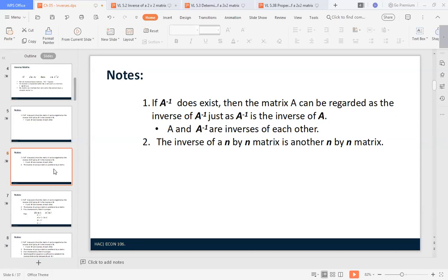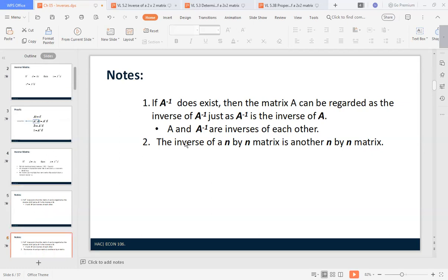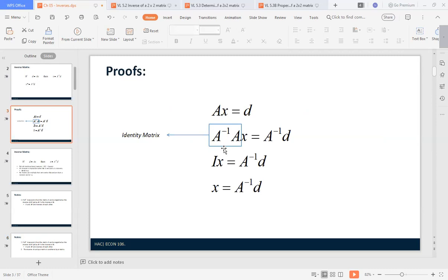The reason, class, that we also need to check the dimension is because again, we are doing matrix multiplication here. And one conditional requirement for that is the dimensional requirement that should not be violated. Let's go back to this one, class. What we need to do here for that inverse to exist is we can post and pre-multiply.